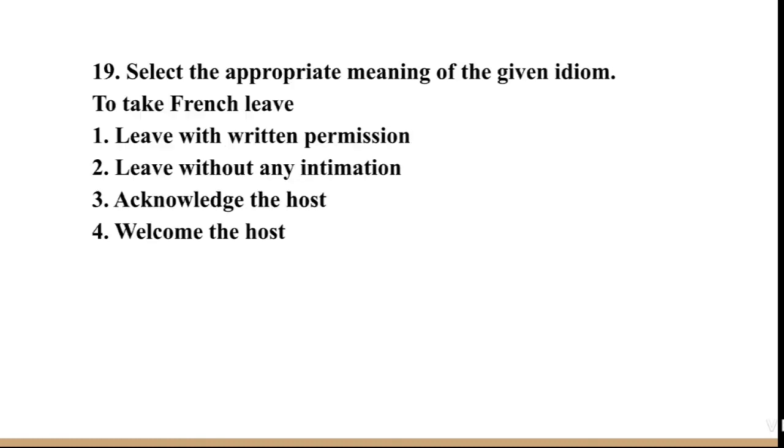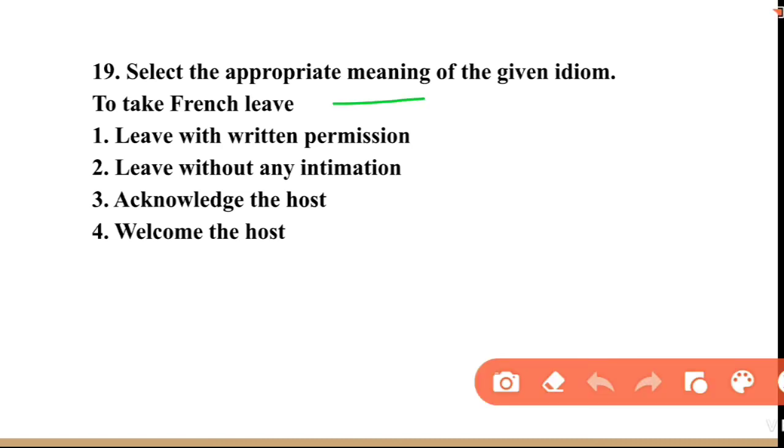Okay. So question number 19, select the appropriate meaning of the given idiom. In case of an idiom, there is a second order of meaning. To take French leave has nothing to do with French. Okay, it has something to do with leave, but nothing to do with French.